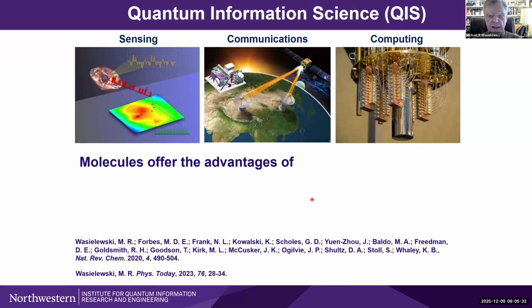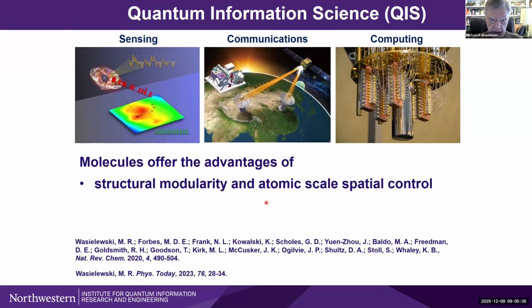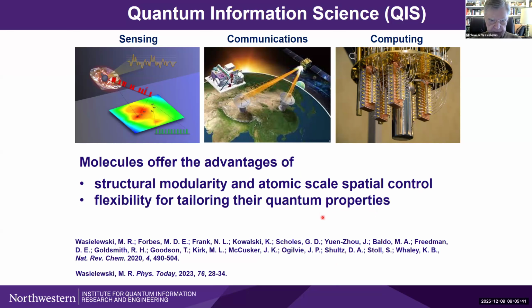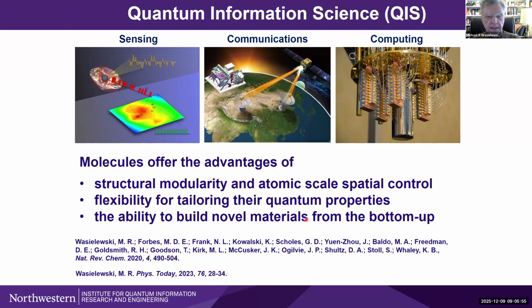So molecules have advantages, namely structural modularity, and you can put them where you want them, which I'll come back to in a moment. Flexibility in tailoring their quantum properties. Spins are not the only property that are clearly a quantum property of molecules, and so you can utilize various combinations in this context, which is really a nice bit of flexibility. And 30 years of nanotechnology has taught us that we can build novel materials from the bottom up if needed.